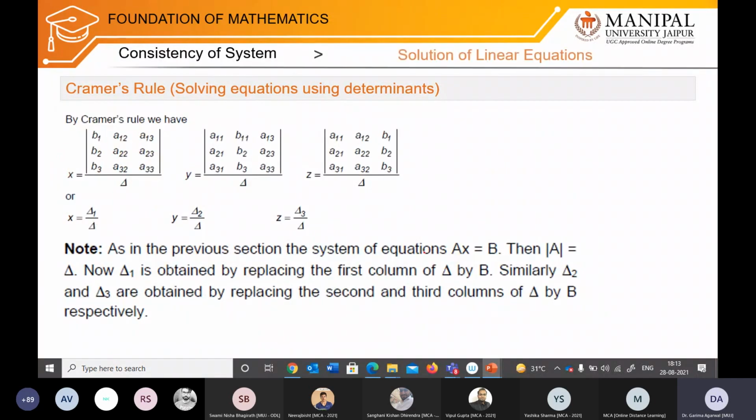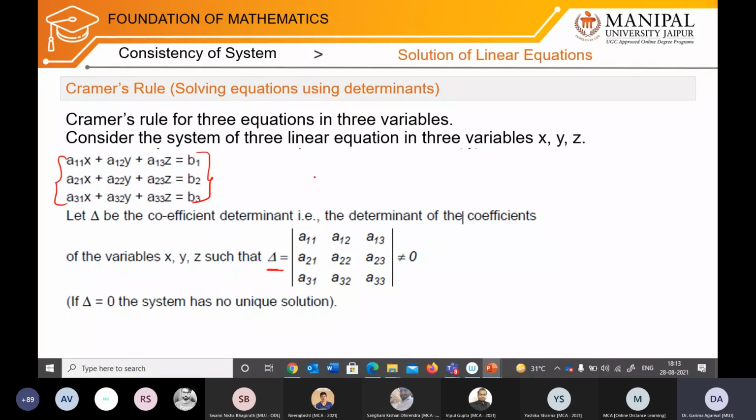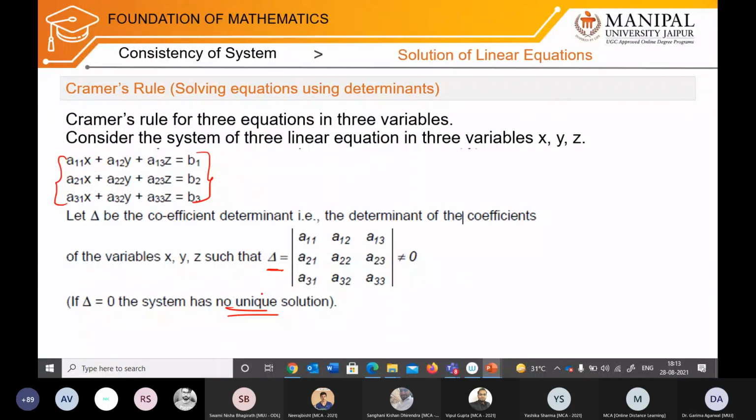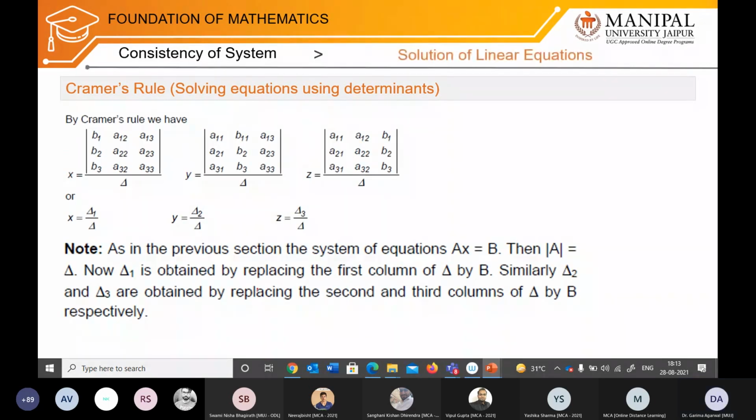This determinant should not be equal to 0. If this determinant is 0, then we don't have any unique solution, right? Then we represent this determinant of coefficients by this triangular sign known as delta.